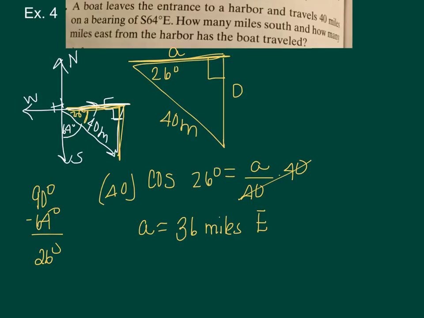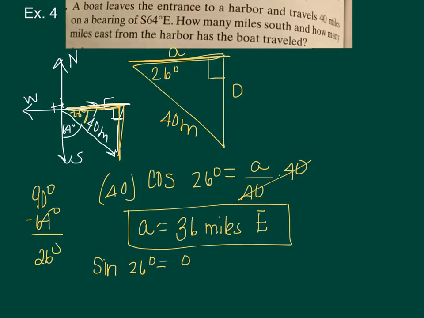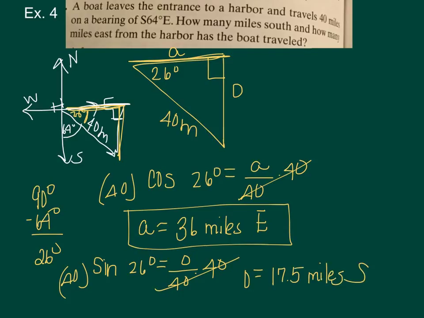And then let's do my south line. Now I'm going to use sine. Sine 26 degrees equals opposite over hypotenuse. Multiply both sides by 40. And then you should get 17.5 miles south.